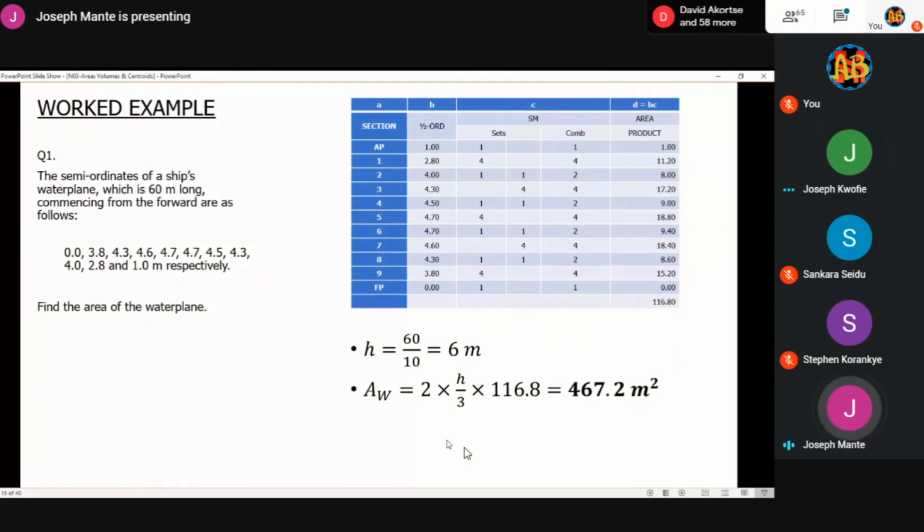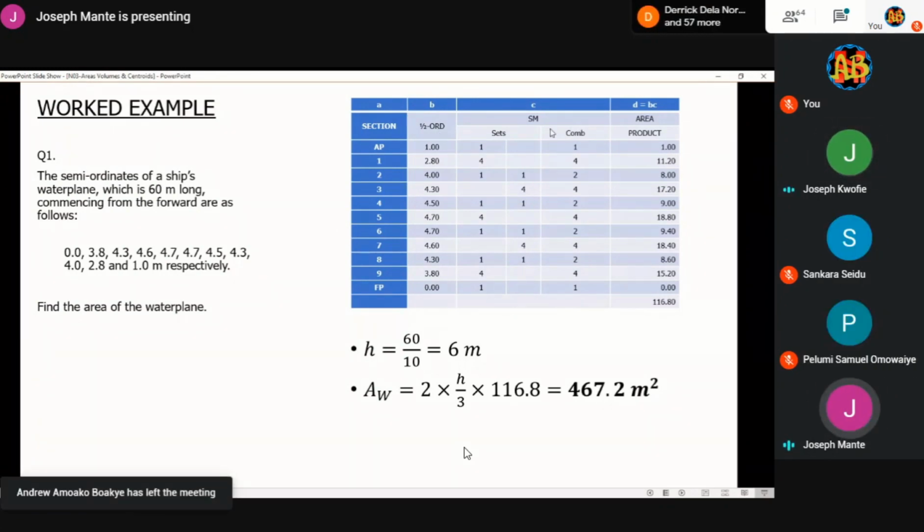Honestly, you have to create a table. Without a table, how can you? So you first create your table, with your sections, your half breadth, your Simpson's multiplier, and your area product. That is when you are finding the water plane area. Then you will be able to solve it.